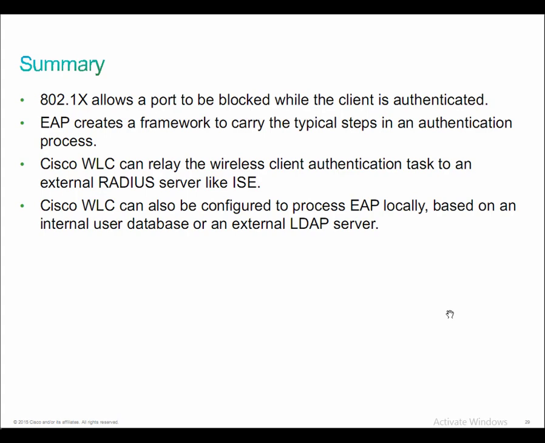So we talked about 802.1X, its basic functionality in the wireless network, how the Extensible Authentication Protocol creates this framework to carry that process back and forth between the supplicant, the authenticator, and the authentication server, how the wireless LAN controller can relay wireless client authentications to an external RADIUS server like ISE, or can be configured to do the process locally on the controller. We are going to set that up on the controller as part of our discussion going into tomorrow. We're going to start with the client configurations, and then we're going to move into the switch configurations, and then some of the additional configurations.